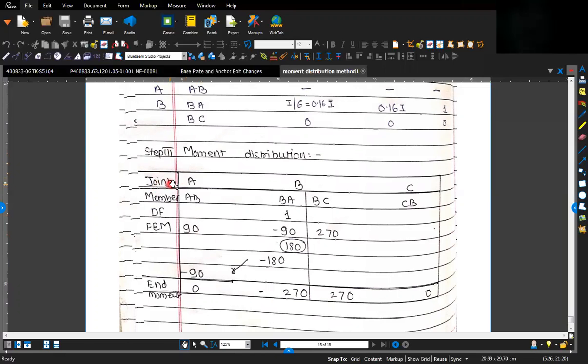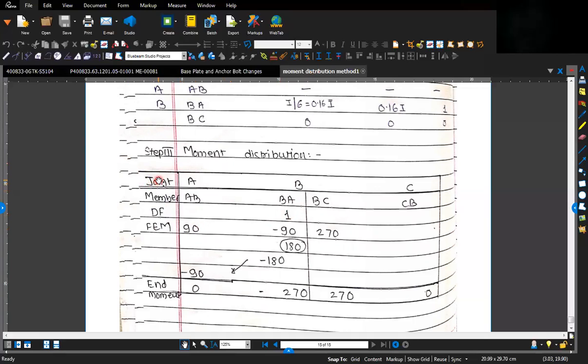In various books you find some remarks added over here, and they do not write the distribution factor at this stage. Just for your convenience and exam point of view, keep it as simple and as short as possible.